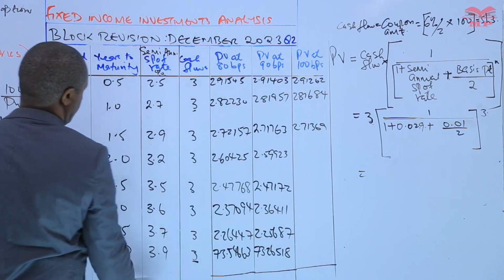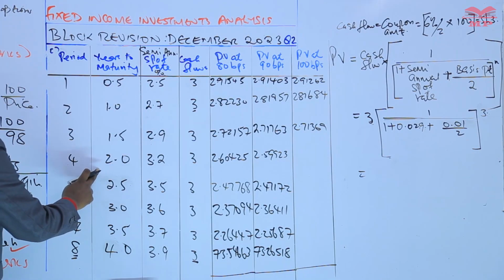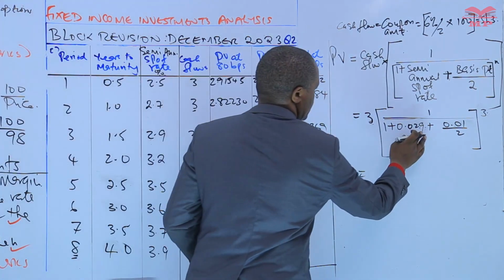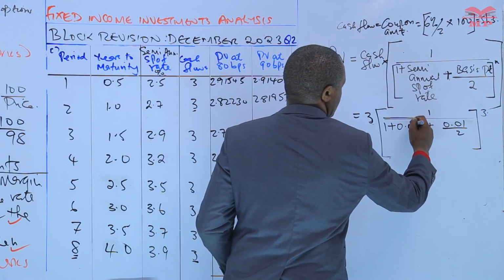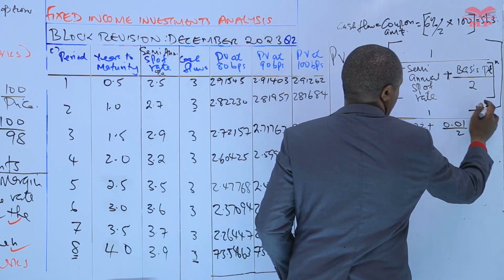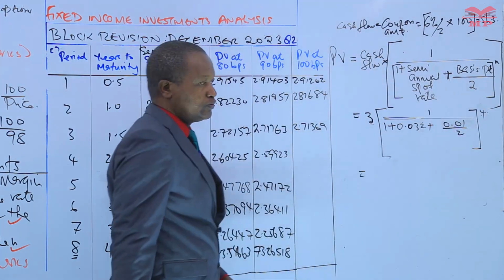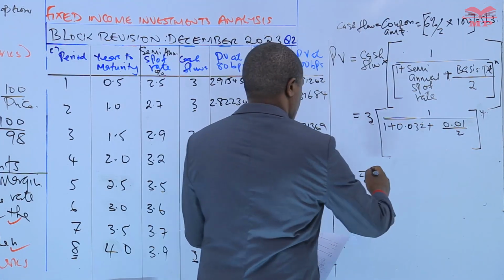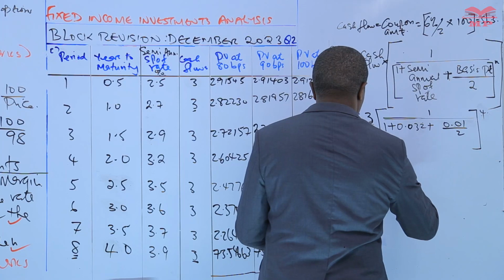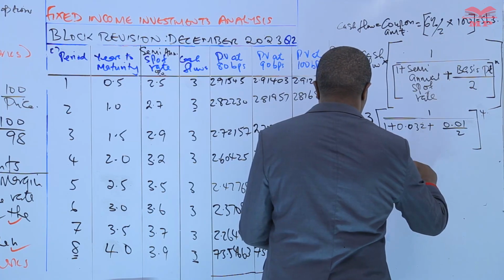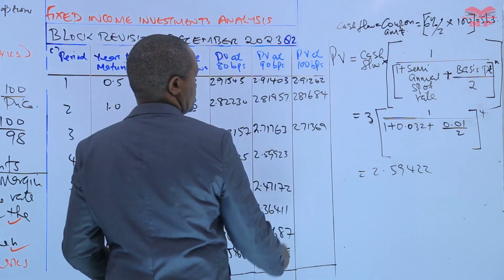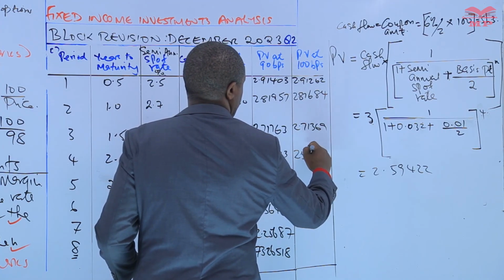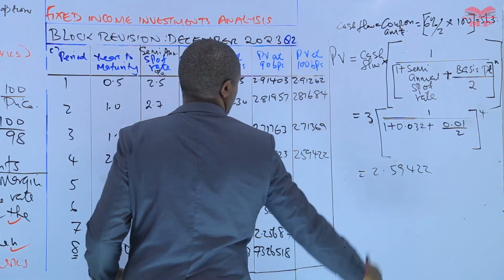Now moving on to the fourth period, the semi-annual spot rate 3.2 raised to 4. This will be equal to 2.59422.